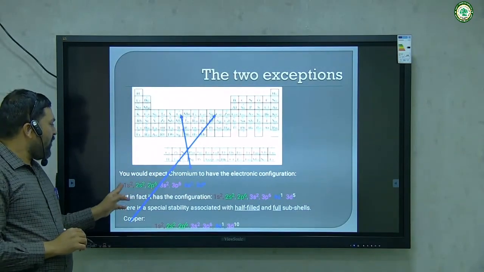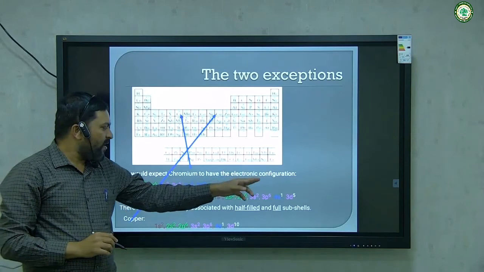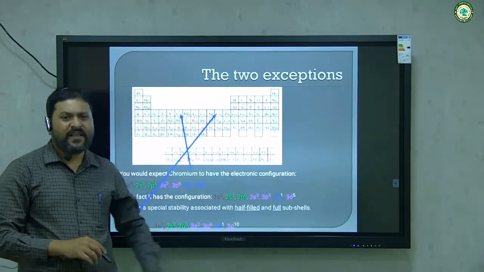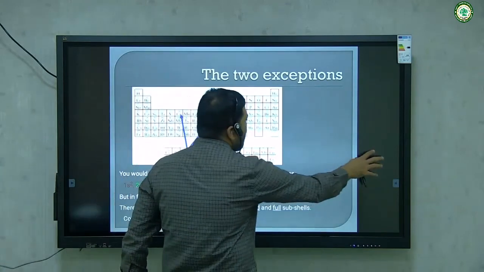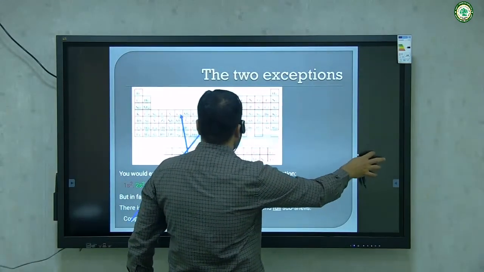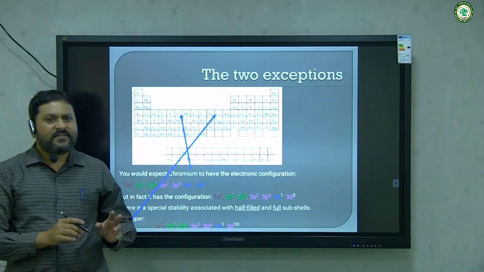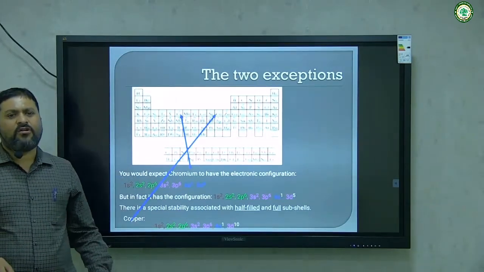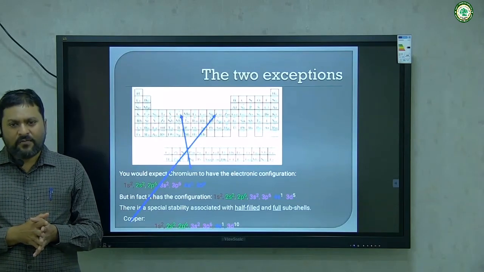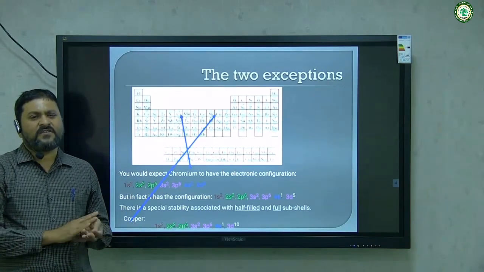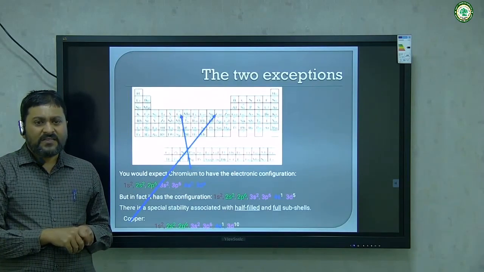In case of copper, similar to chromium, there is a speciality and the same thing happens, as I explained just before. By considering all those slides, we can easily conclude that we have to learn the detailed information about the electronic configuration of transition metal elements of the 3d series.